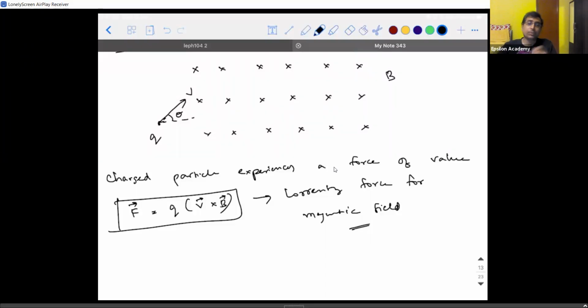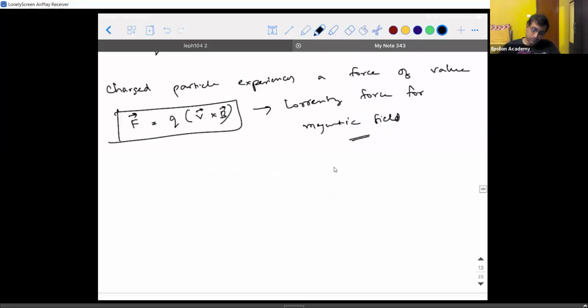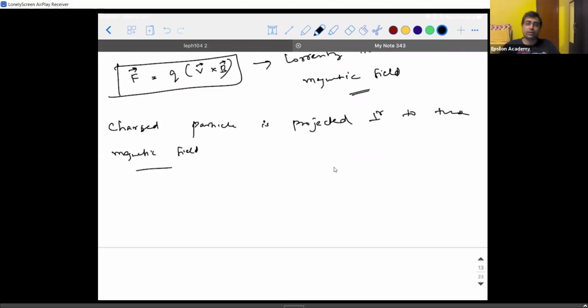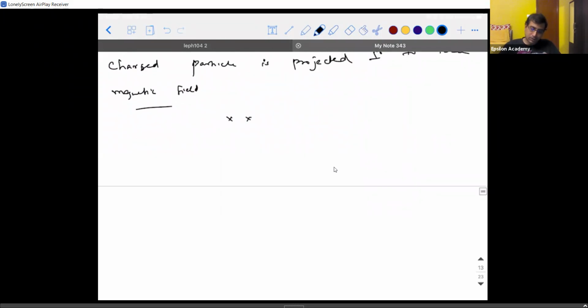Okay, I hope it is over. Now, we will see what happens when a charged particle is projected perpendicular to the magnetic field. Okay, so you have a magnetic field already existing.